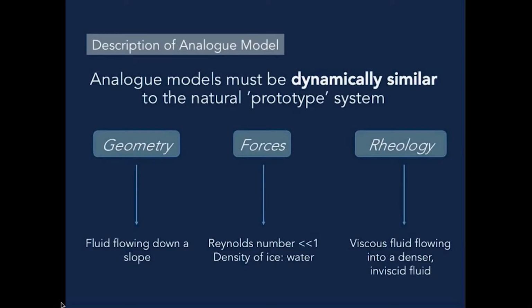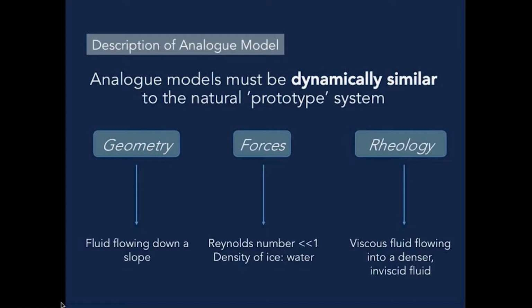So in making analog models, you have an important concept of dynamic similarity. The model that you're using has to be comparable to an actual ice sheet or ice shelf. For an ice sheet, ice shelf system, this would mean that you have a fluid flowing down a ramp, and you also have the forces scaling similarly.